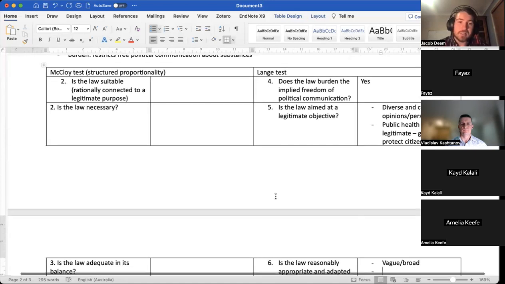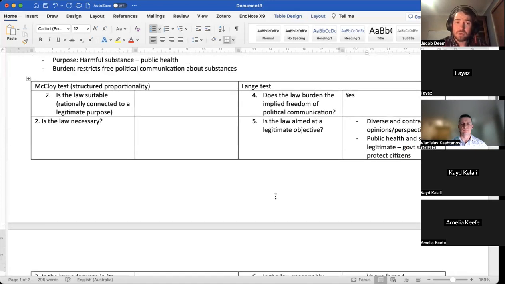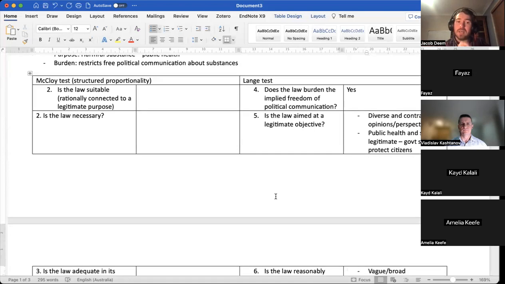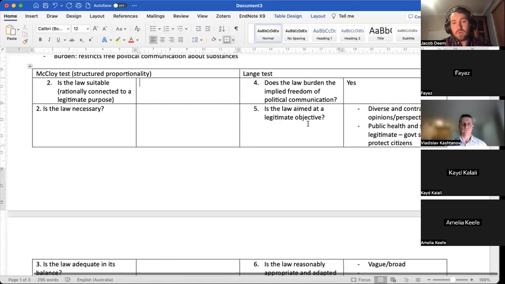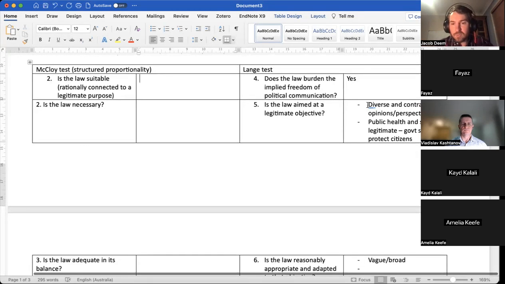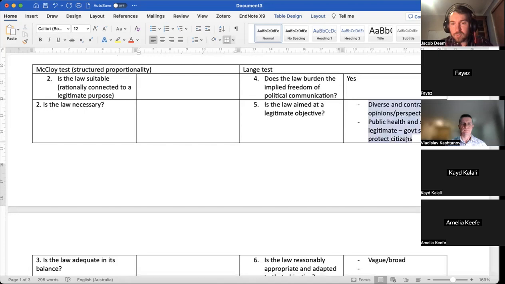And now we've only got a couple of minutes left, so let's jump across to structured proportionality and just highlight the differences here. So in terms of thinking about whether the law is suitable, whether it's rationally connected to a legitimate purpose, we're drawing across these ideas that we've talked about earlier in terms of, is the law aimed at a legitimate objective?